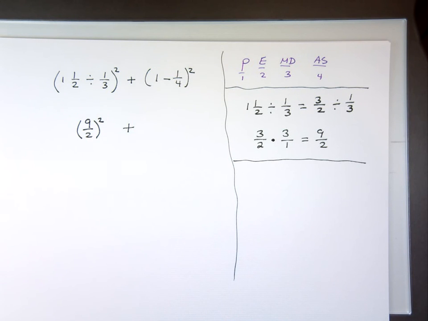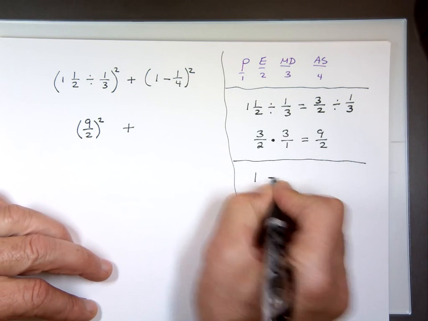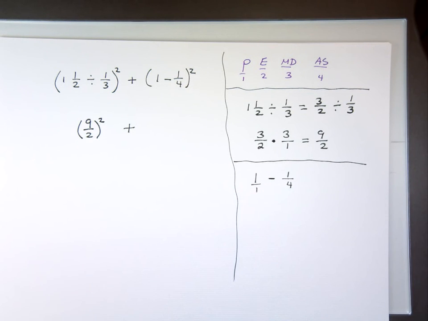Now let me look at the second one. 1 minus 1/4. The 1 is 1 over what? 1. Anything's over 1. Now again, you want to add or subtract, you need a common denominator. And what's your common denominator? 4.